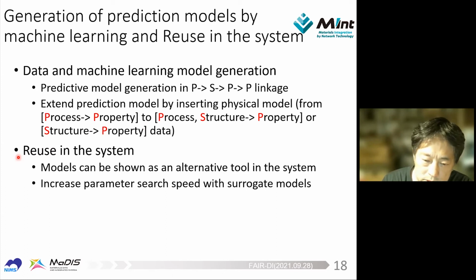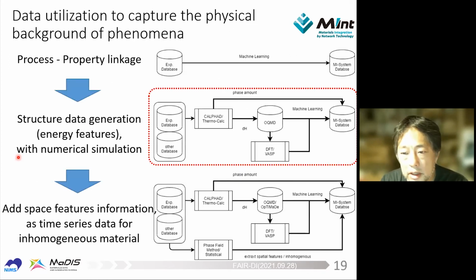It means increasing parameter search speed with surrogate models. After that, the user can switch to the detailed model, FEM or first principles model or something like that.